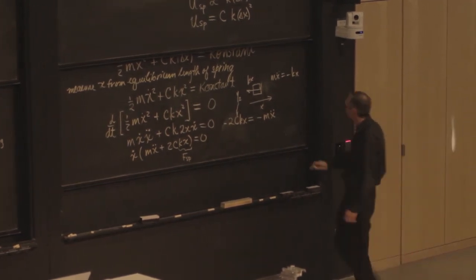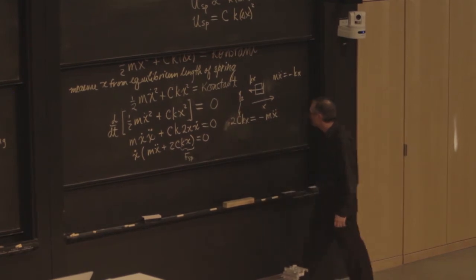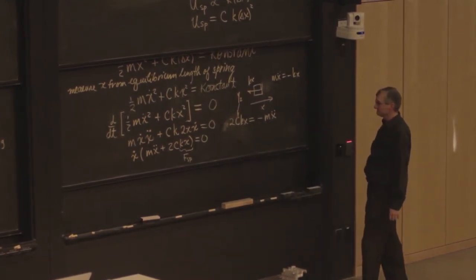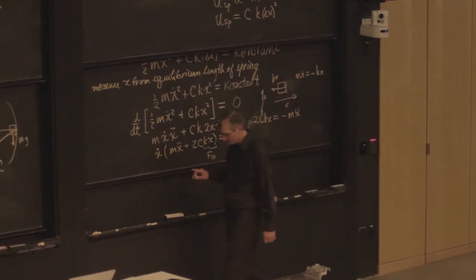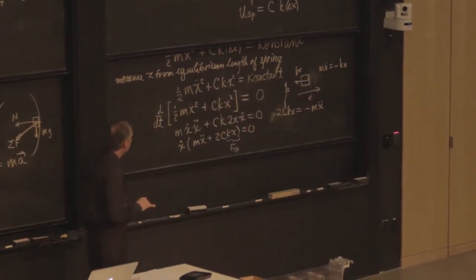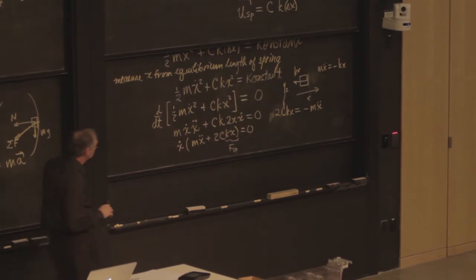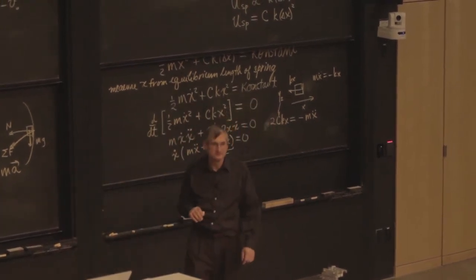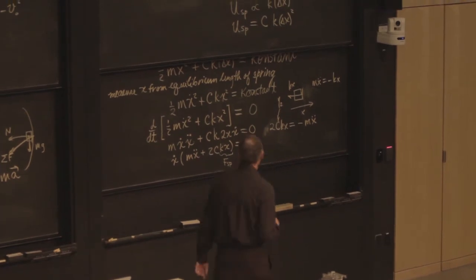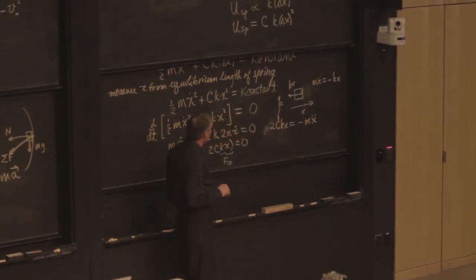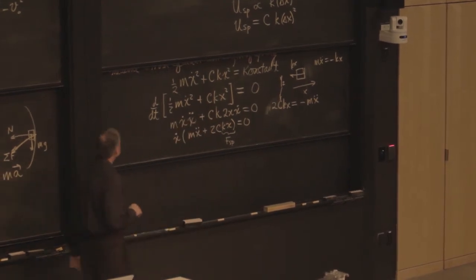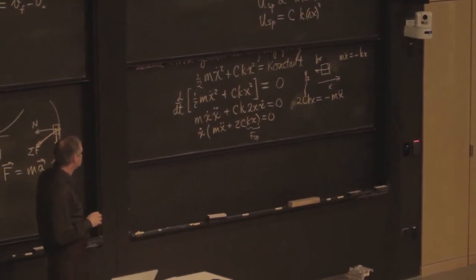That's not right. Because m x double dot is negative kx. So when you sub that in, you get the negative side. Do I need a negative? Did I screw something up? Let's see here.